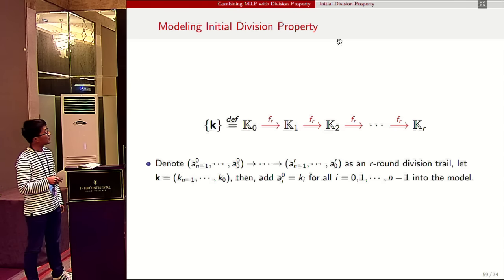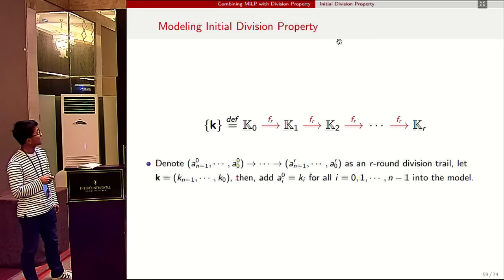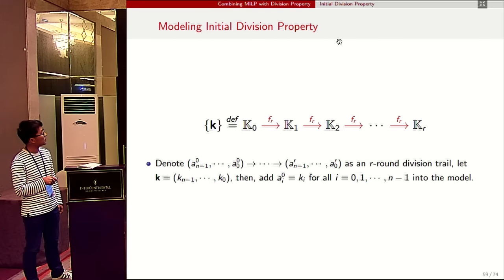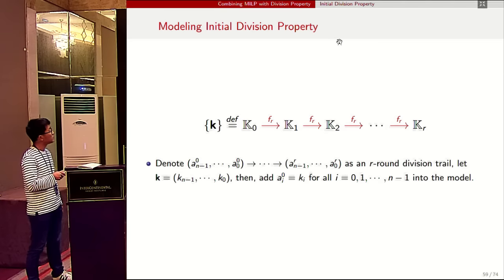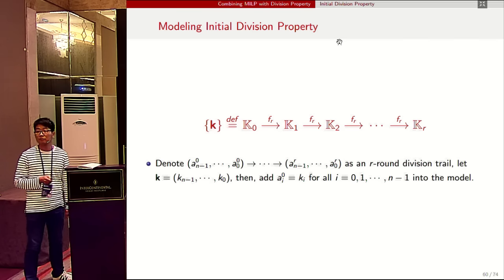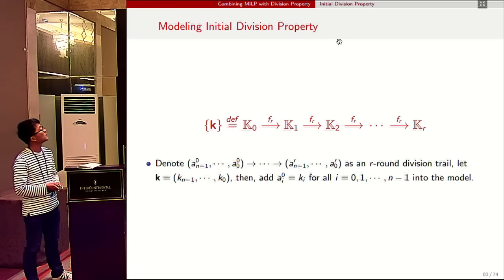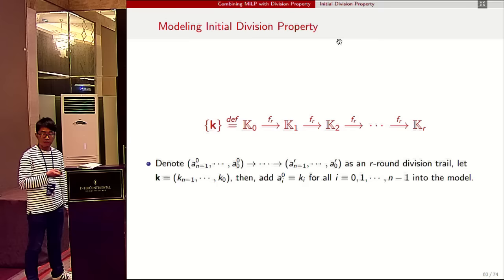So if this is an R-round division trio, and let k equal kn-1 to k0, we should add a0i equals ki for all i into the model. Now the input division property has been added into the model. So we know K0, and then according to the propagation rules, we know K1, K2, up to Kr. Thus we have solved the first issue.